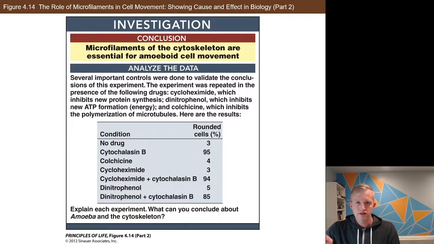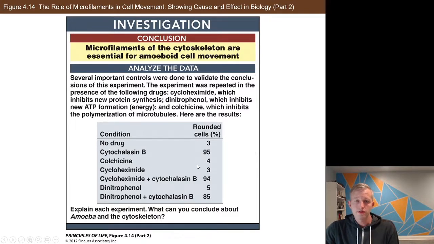The cytoskeleton's not able to extend their little branching components to crawl along whatever environment they're in. And meanwhile, the other ones here, which are all inhibitors of various components of the cell, don't have nearly the same effect. In fact, we see that with no drug, there's still about 3% of cells that just round up and don't move, and that the colchicine and dinitrophenol do a little bit, but cycloheximide didn't do anything.